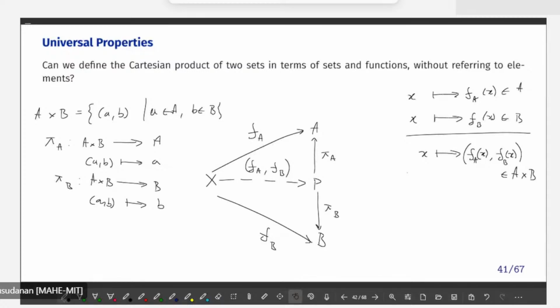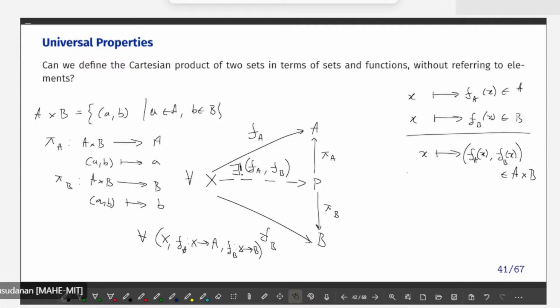But the idea is that for all such triples, for each one, there exists a unique mapping from X to P such that this commutes.